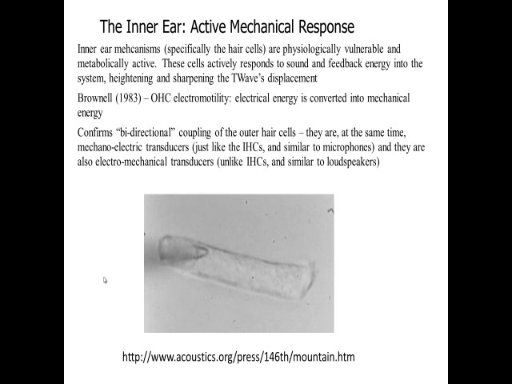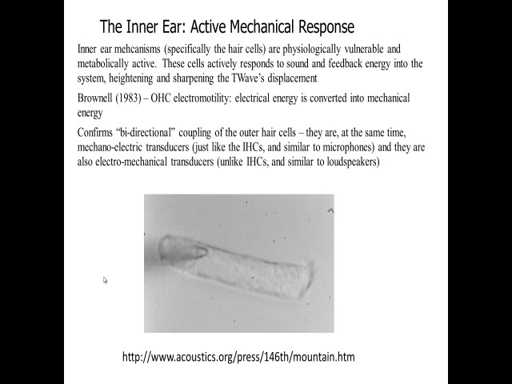And as a consequence, that movement of the outer hair cells would actually serve to increase the stimulability, or increase the sensitivity, of the inner hair cells. And the result is we can hear sounds at lower levels than we would otherwise be able to hear them if we had lost the outer hair cells, or if we didn't have them to begin with.